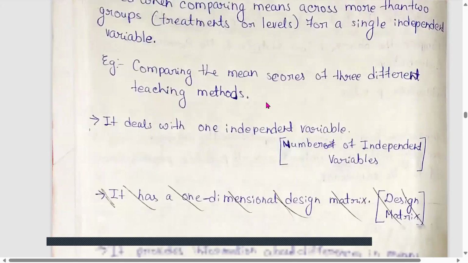You have to tell the answer: in the ANOVA test, we deal with one independent variable. You have to remember independent, the number of independent variables.